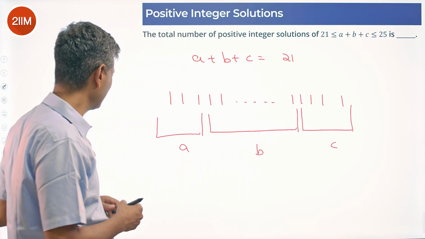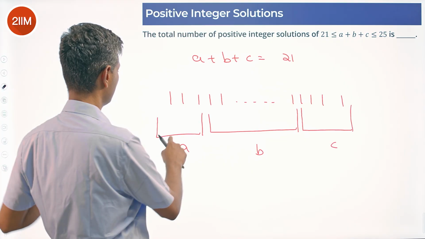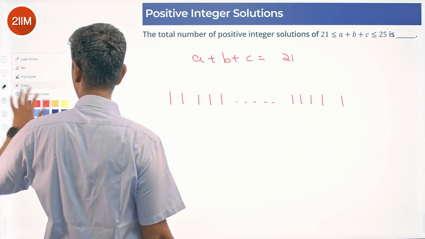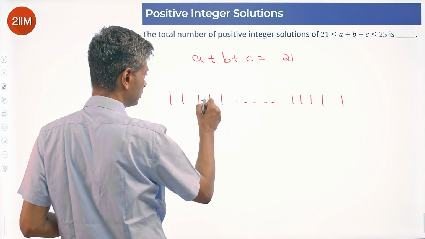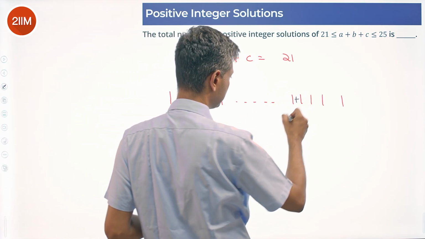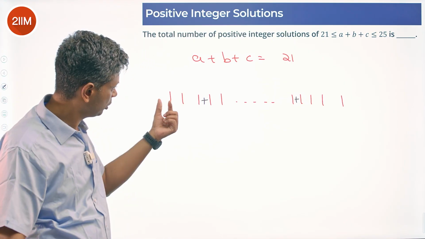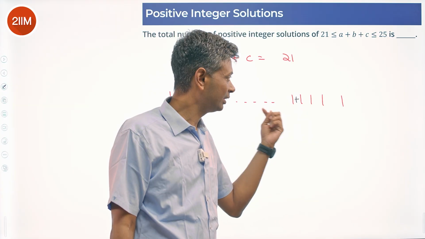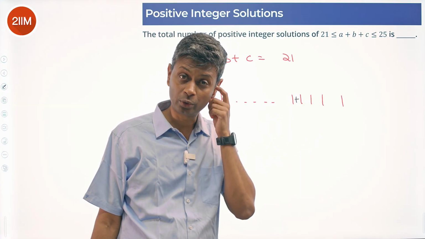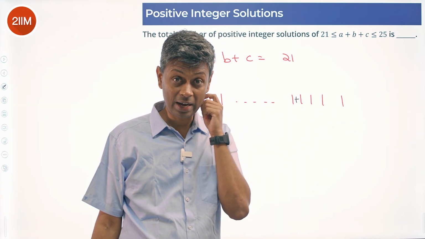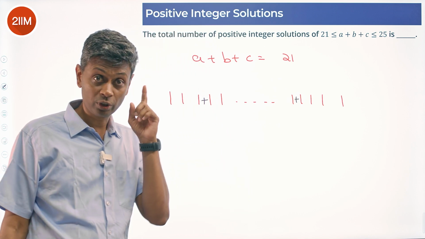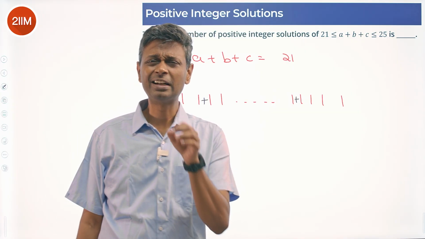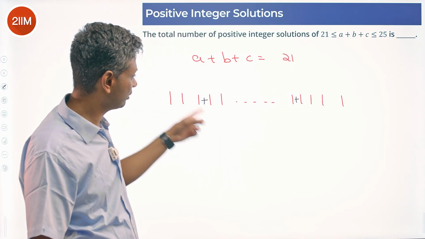Effectively, instead of doing this whole stick thing, I can put some plus symbols in between. If I put a plus symbol here, the first number becomes 3. If I put a plus symbol here, the last number becomes 4, the middle number becomes 14. The number of ways of carving this 21 into 3 parts is nothing but the number of ways of planting plus symbols here.